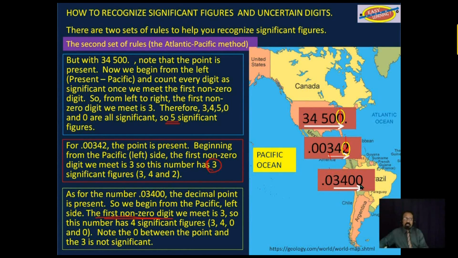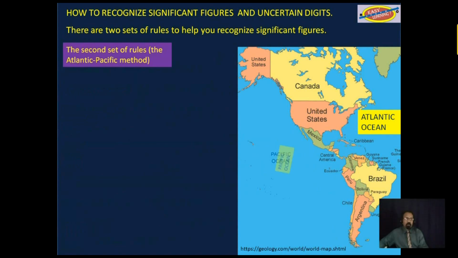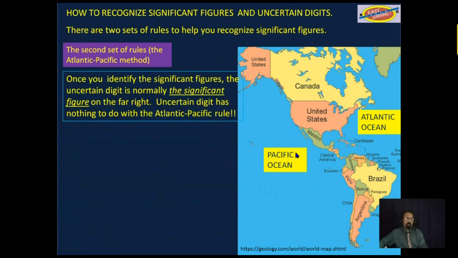And out of the significant figures, the one on the far right is uncertain. So this is our uncertain digit. So this is the Atlantic side. We didn't need to use the Atlantic rule here because all of these numbers, the point is present. So we began with the Pacific. Atlantic, Pacific.